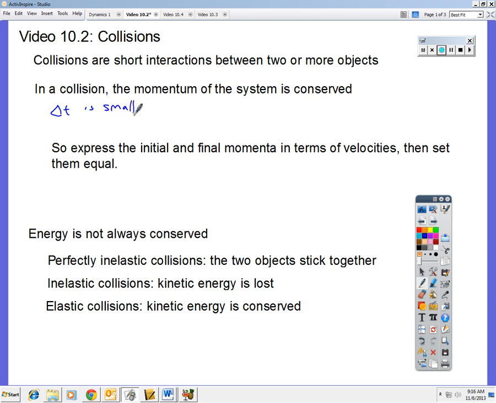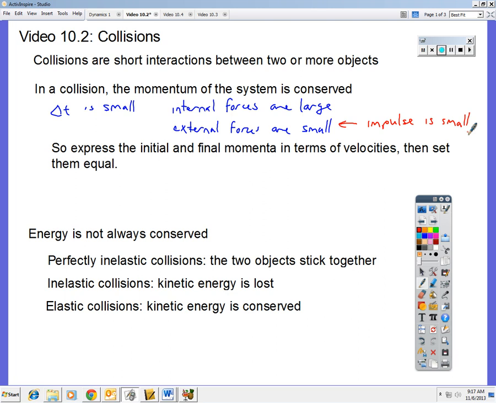Also in a collision, you'll find that the internal forces are large, and we'll treat external forces as small, or at least normal sized. But because delta t is so small, the impulse due to external forces is going to be very small, and that means that momentum will be conserved.